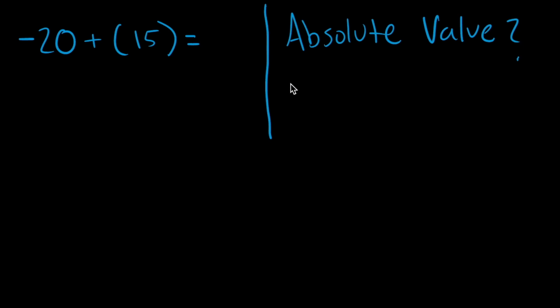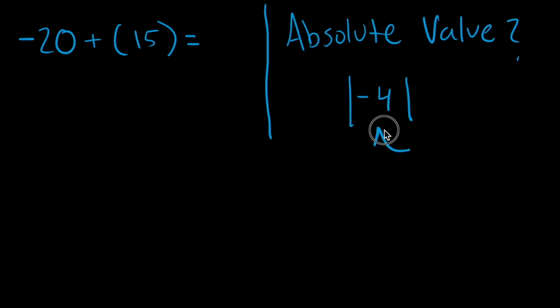So what is absolute value? A good definition for absolute value: let's start with a number. Let's say negative 4, which is an integer. If you see these two vertical lines with a number inside, that represents the operation of finding the absolute value of negative 4.